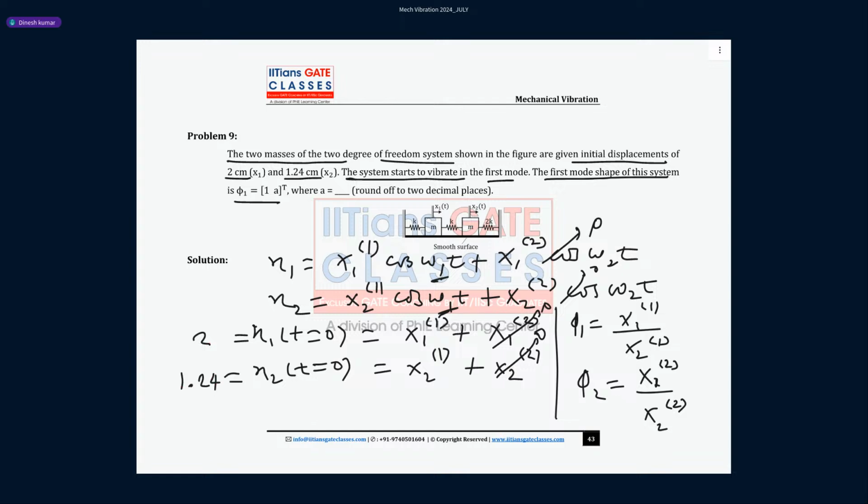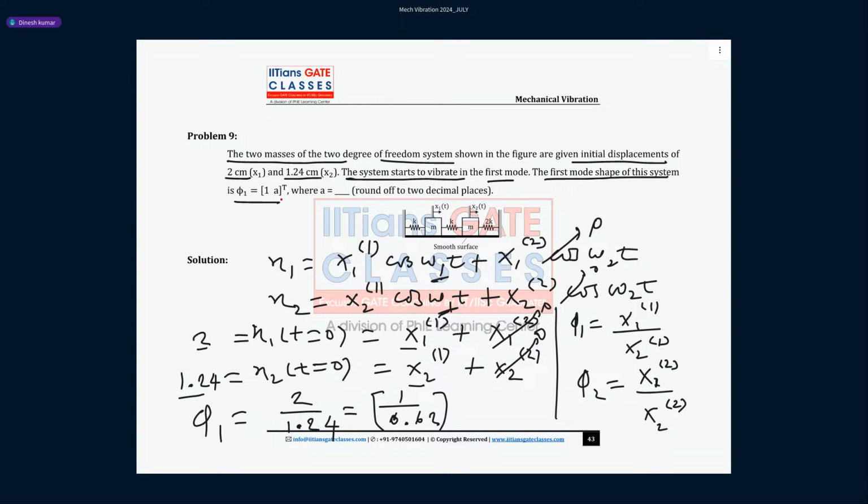From here, x1 for first mode is 2 and x2 for first mode is 1.24. So phi1 will be 2 upon 1.24, which is 1 upon 0.62, right?